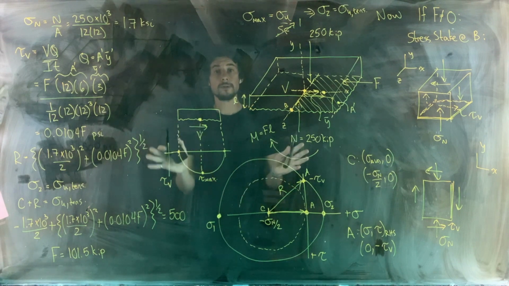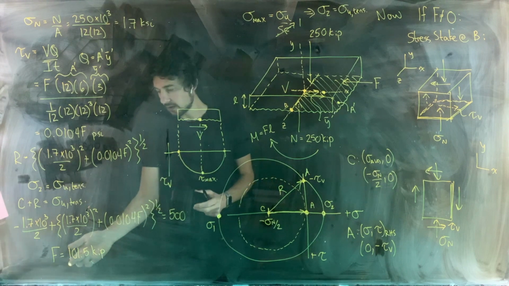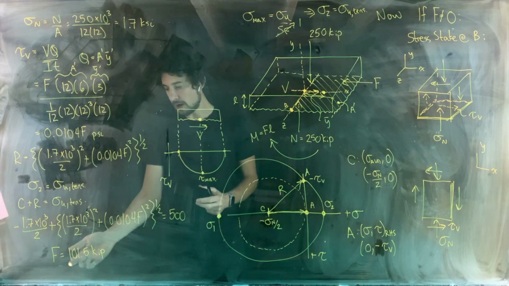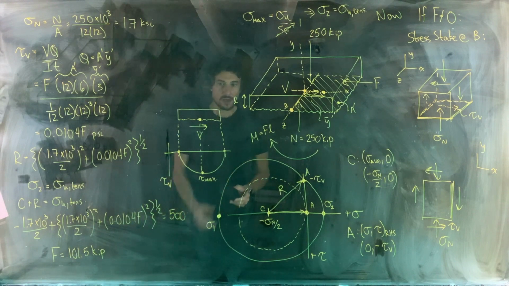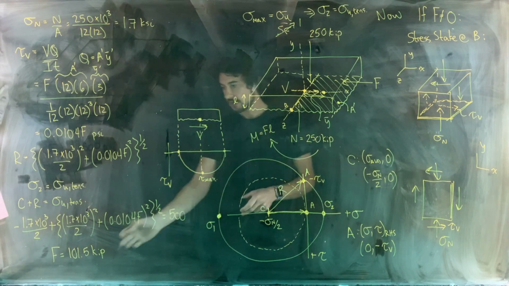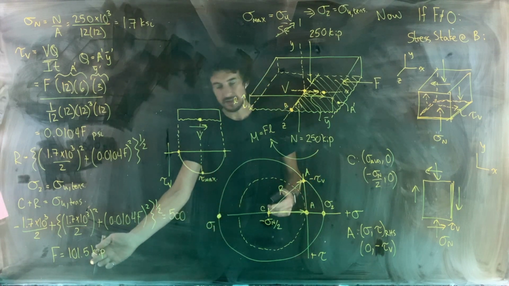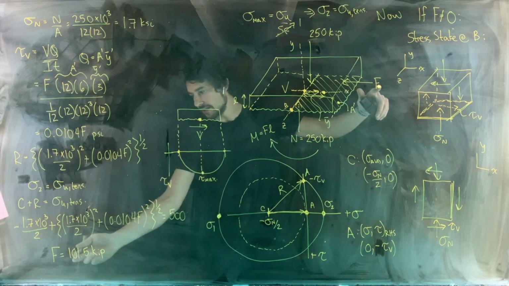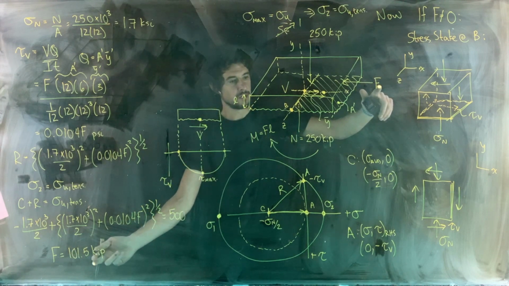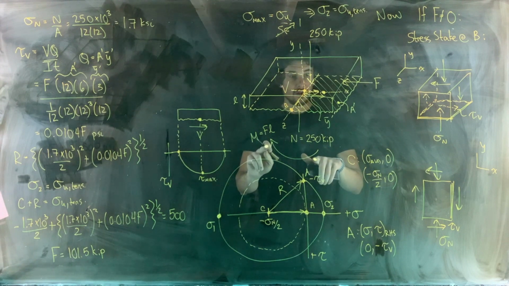Now, there's one thing to do here before we go and put a box around this and call it our final answer. So the one thing to recognize here is that because of the presence of this force F, and recognizing that it's quite a large value, there will be an internal moment that's created, right?